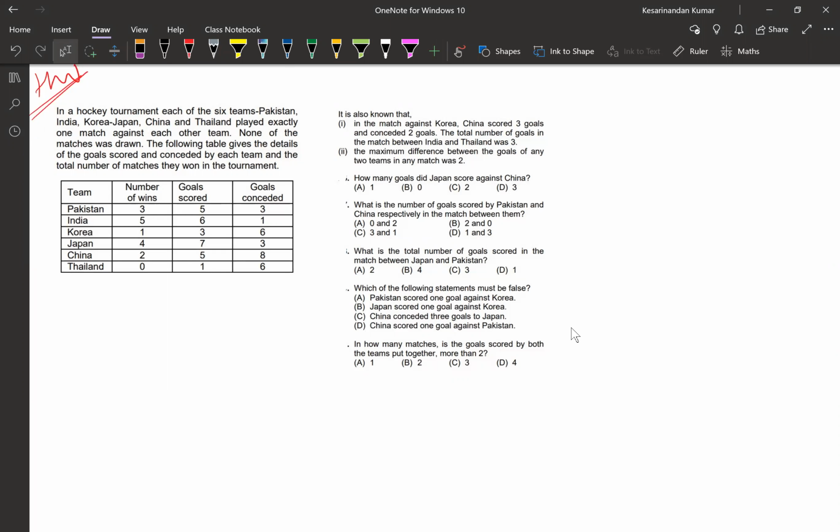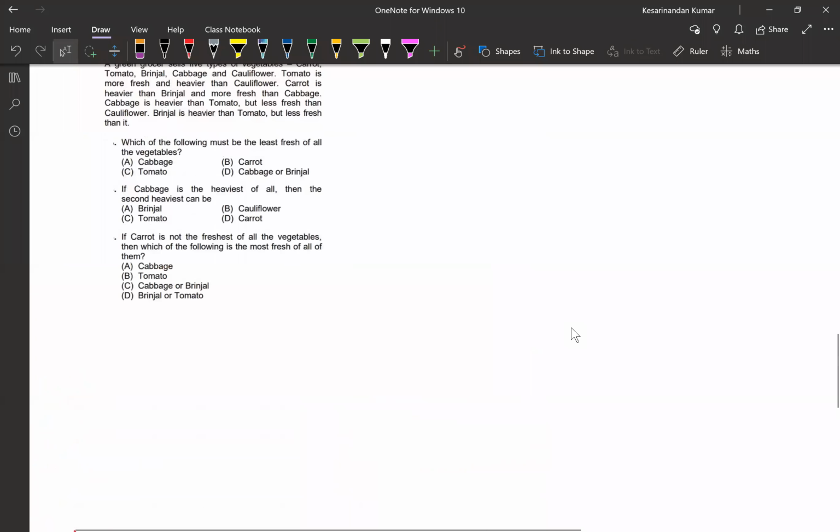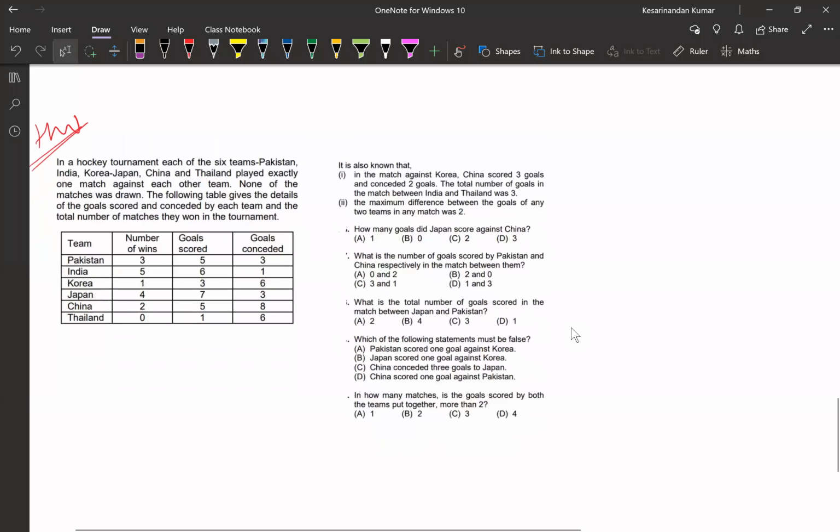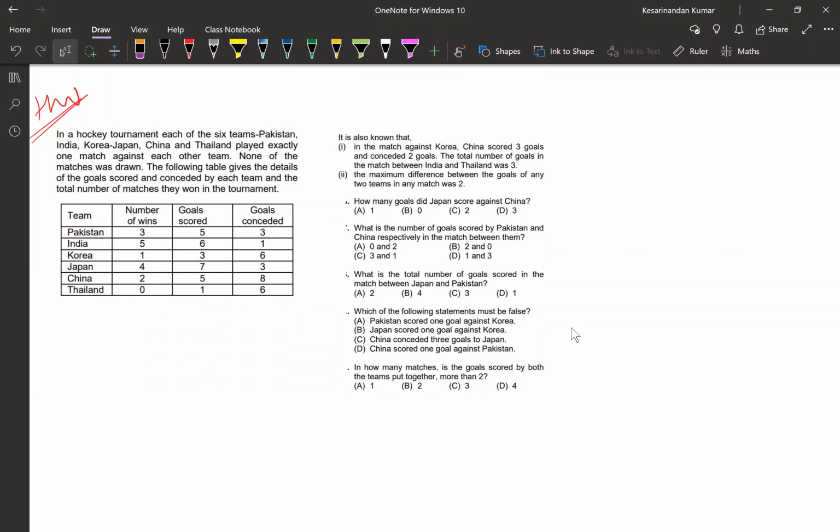The only thing is, if you solve this one, it will give you confidence that your concepts are clear, because that's a conceptual question. This will require everything. All the chapters that we have covered till now in DILR, apart from the circular ones, the linear arrangement, the vertical ones, and today the ordering and sequencing part.